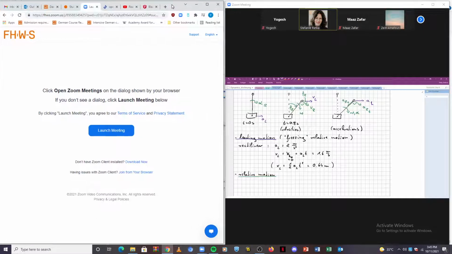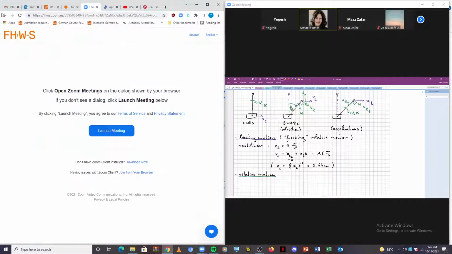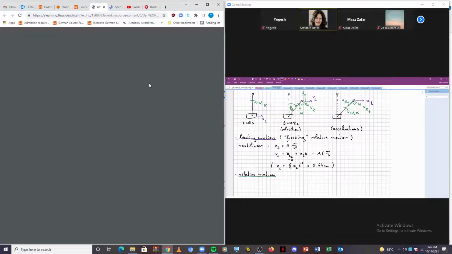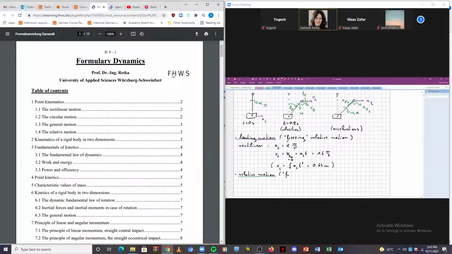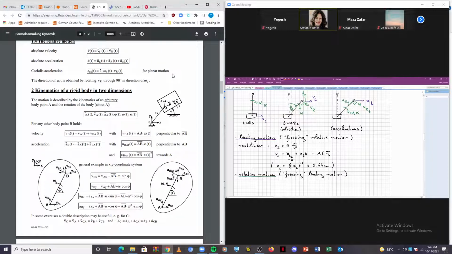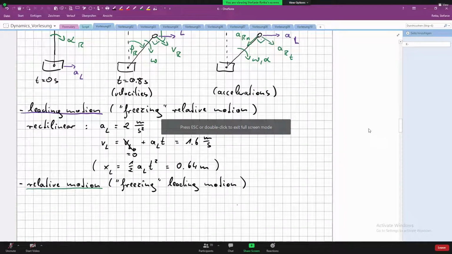So same procedure. In case of relative motion, we are freezing the leading motion, meaning we are assuming that there's only a rotation of the workpiece about the sliding block. Okay, so this is a circular motion.